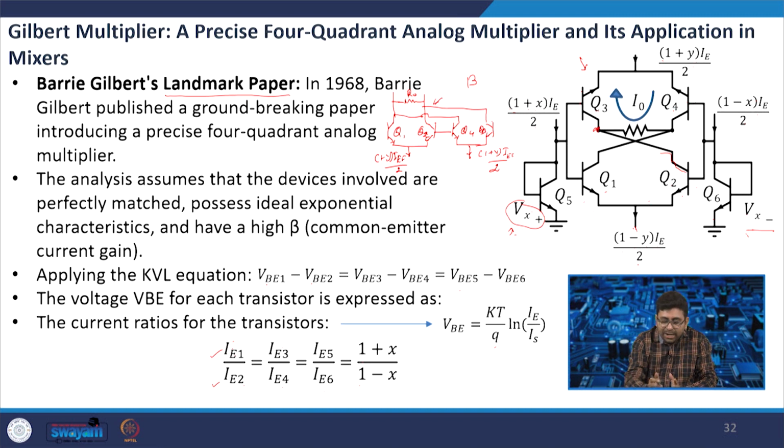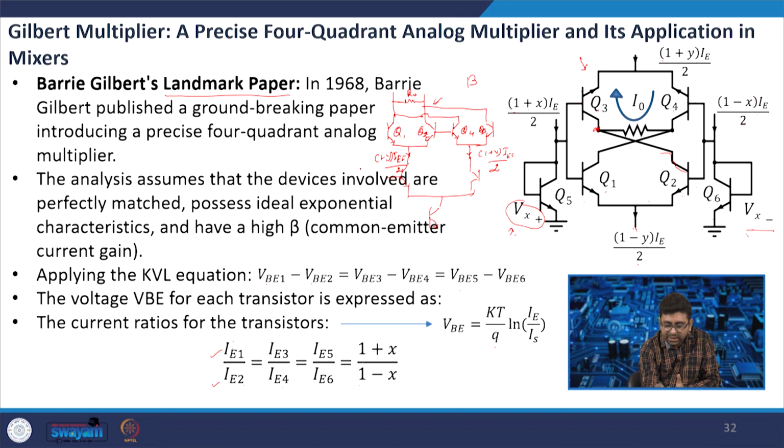And now you can use one more transistor at this side and one more transistor at this side, and you can also use one more transistor to bias all.